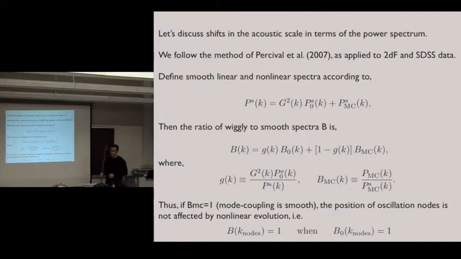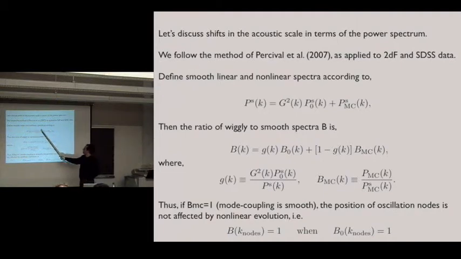The way people do this, at least as of 2007, is you measure your power spectrum with acoustic oscillations in a galaxy survey, and then you define a smooth spectrum, which essentially goes in between the oscillations, right? Roughly speaking, it will be the power spectrum that you would get if there were no baryons in the universe. It will be some smooth quantity.